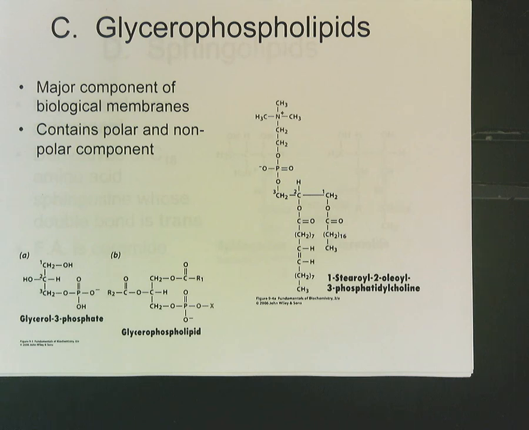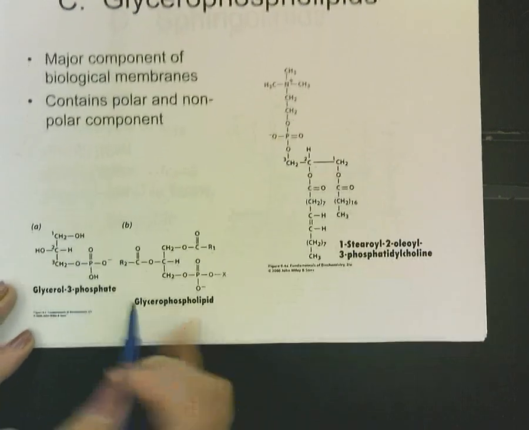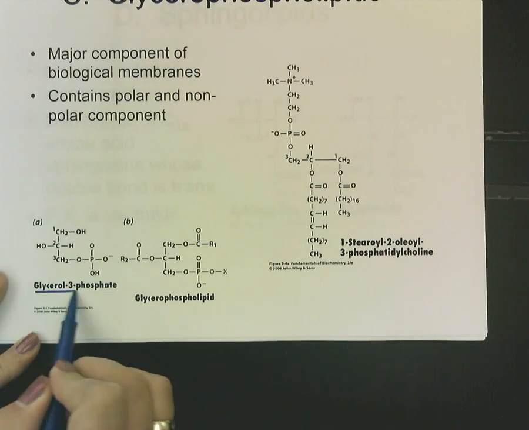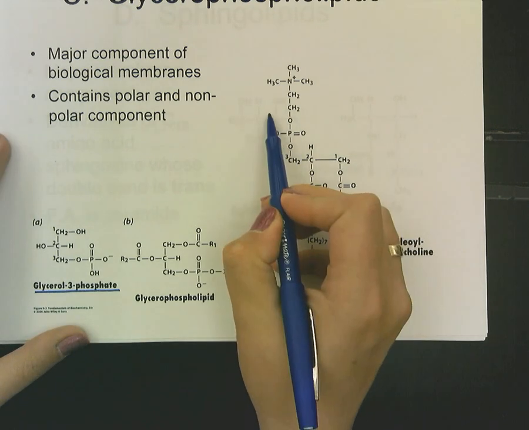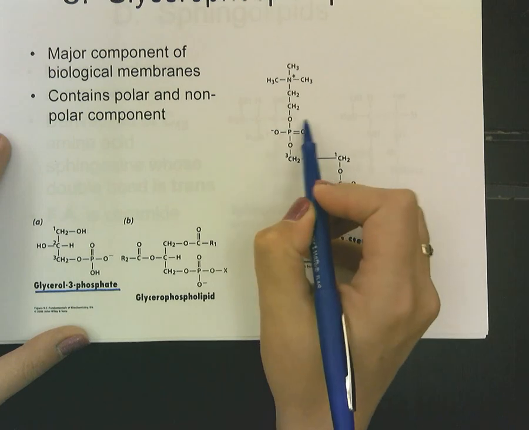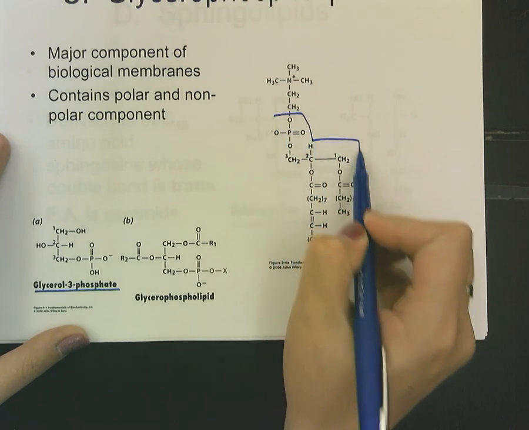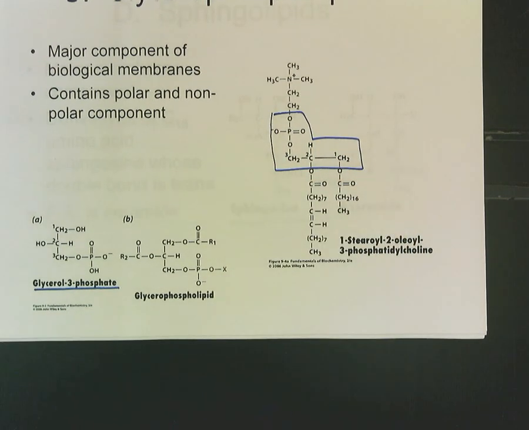Glycerol and a phosphate group. Excellent. So hopefully that helps put it all together. So a glycerophospholipid contains this right here, glycerol 3-phosphate, which we see right here. That's my glycerol 3-phosphate.